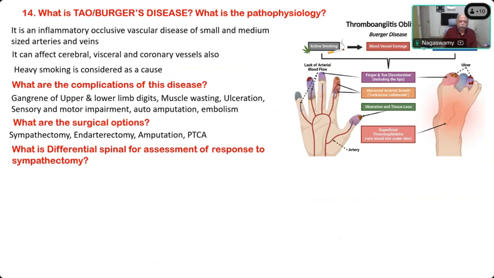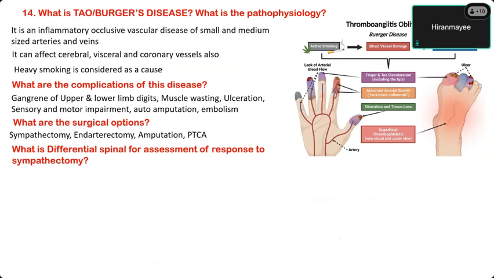So if you use a very dilute concentration of local anesthetic, which will selectively block only the autonomic, can you find out whether the patient will benefit by sympathectomy? What is the clinical improvement that you will see? One of the concepts is that there is intense vasoconstriction, which is why you do the sympathectomy for these cases.